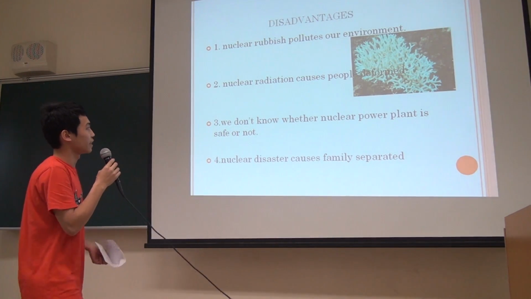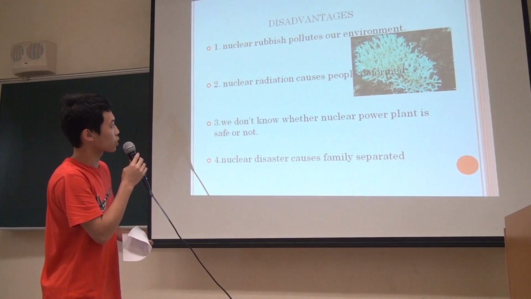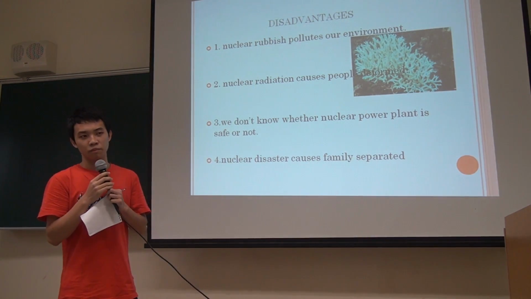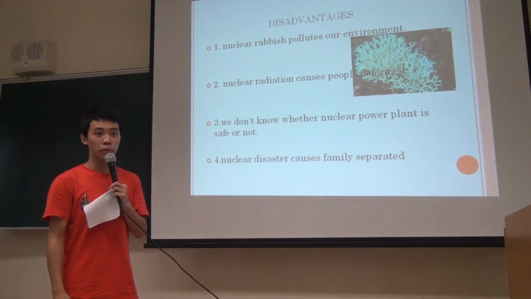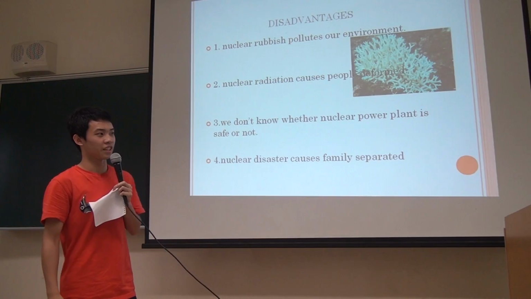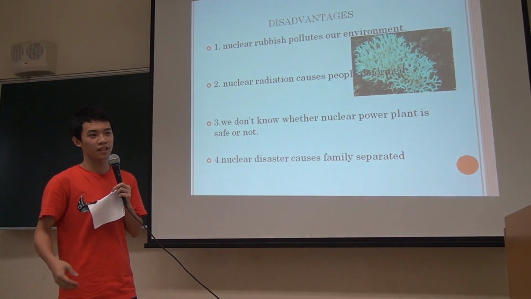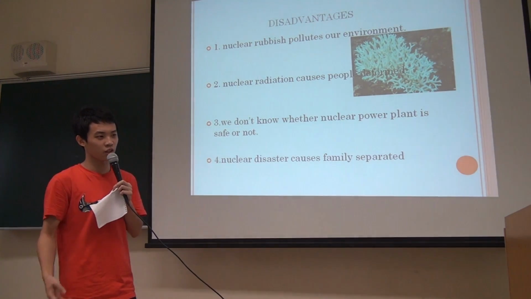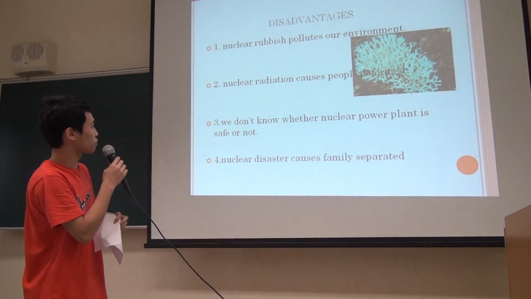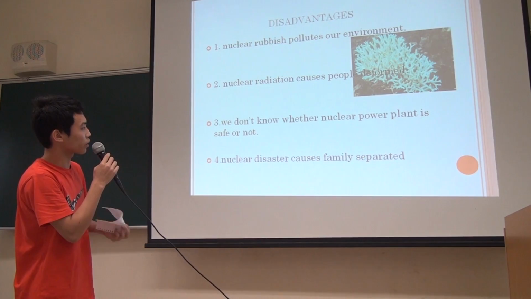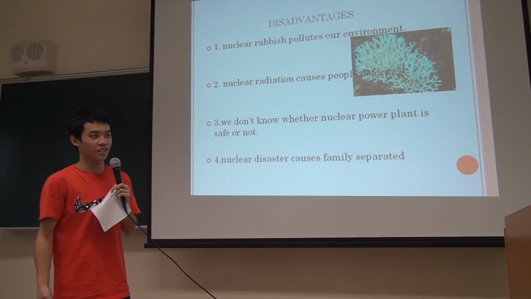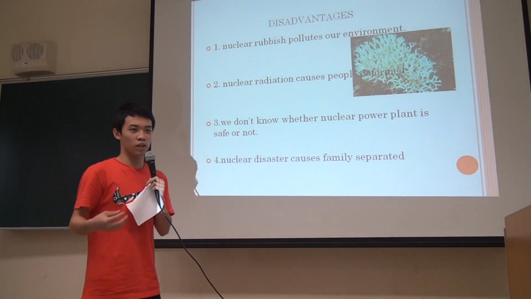And the second, nuclear radiation causes people to be deformed. Like Chernobyl, does everybody know? Yeah, okay. It caused many people to have no hands, no feet, and others. And the third point, we don't know whether a nuclear power plant is safe or not. The third point is the important point everybody wants to know.